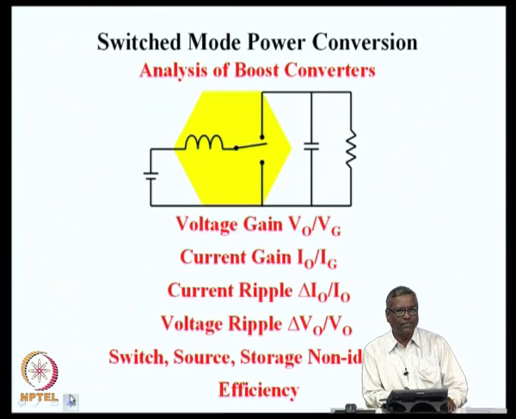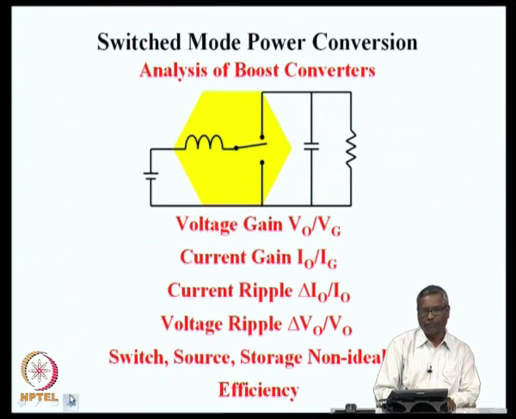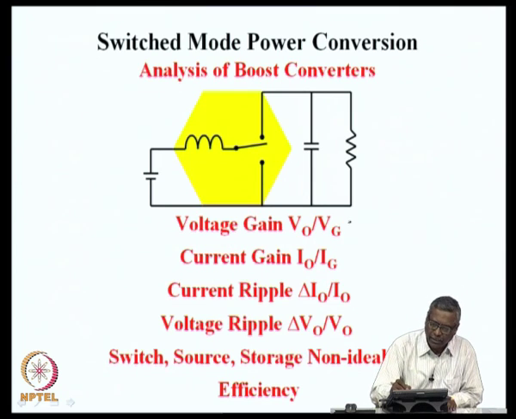The inductor current, which is supposed to be steady and constant, will have a ripple, delta inductor current, or the ripple current in the inductor. Similarly, the output voltage, which is supposed to be steady and constant, will have a switching ripple present on it. So, we would like to see again each one of these performance factors.